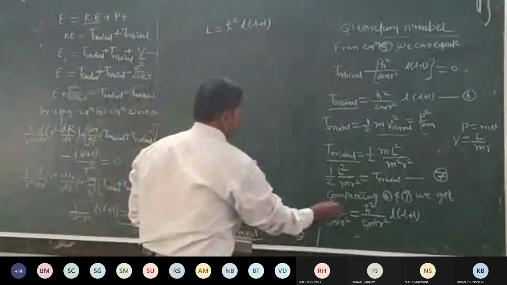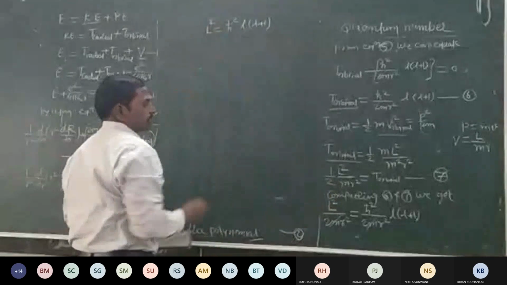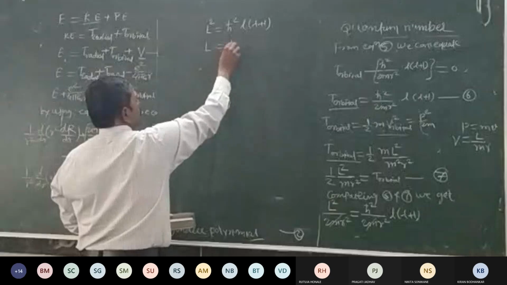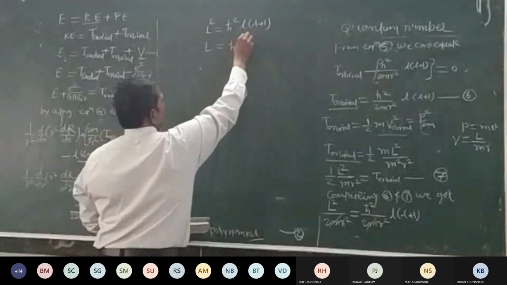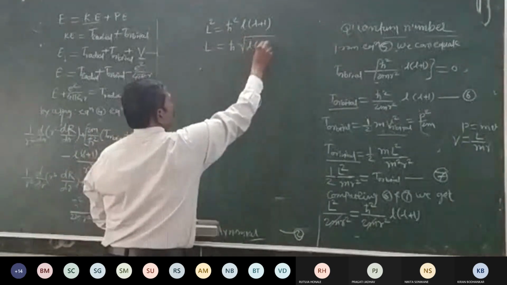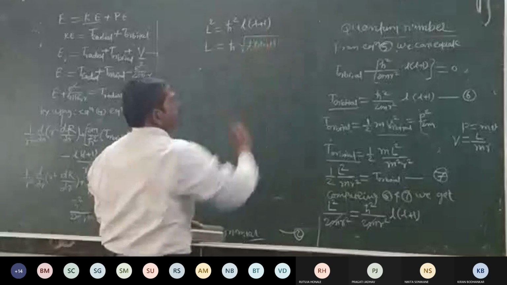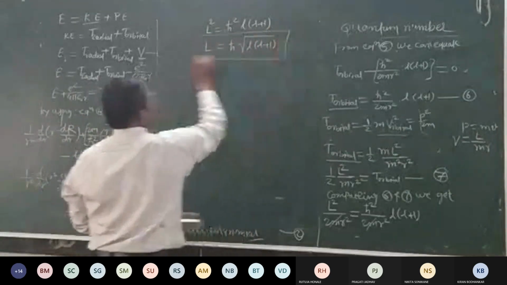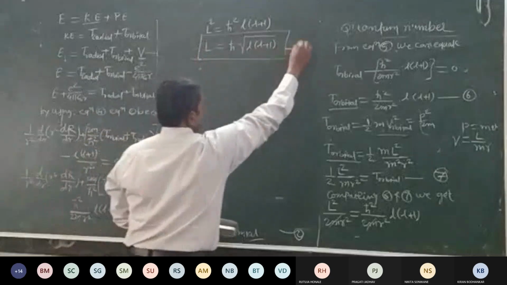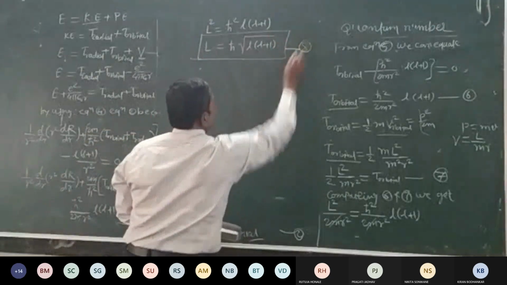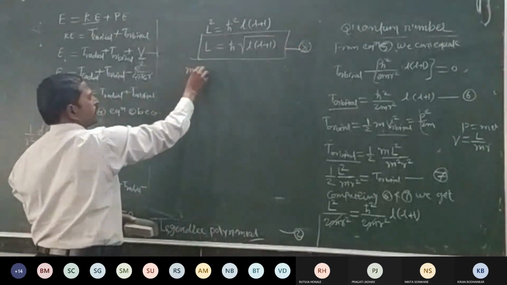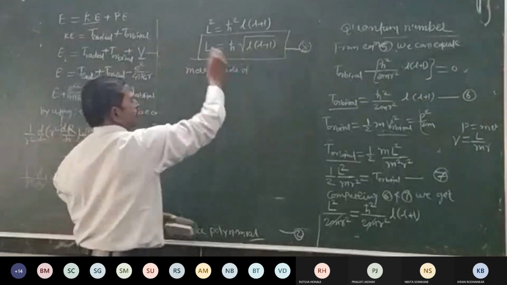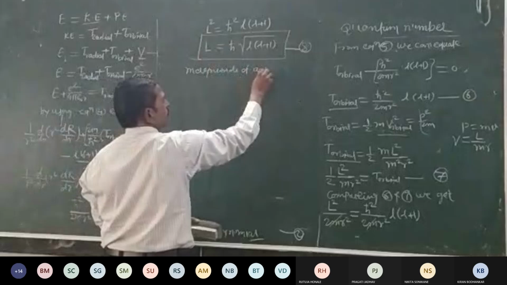Sorry, L square, so L is equal to h cross under root of l into (l plus 1), and this gives you the magnitude. This equation 8 gives the magnitude of angular momentum.